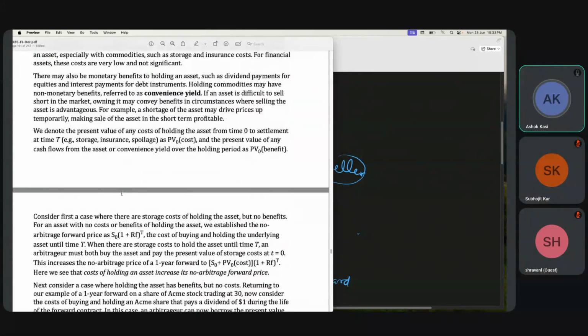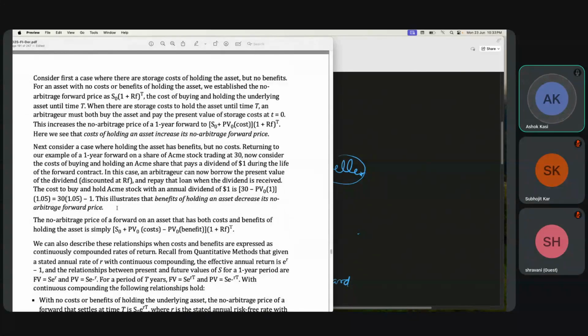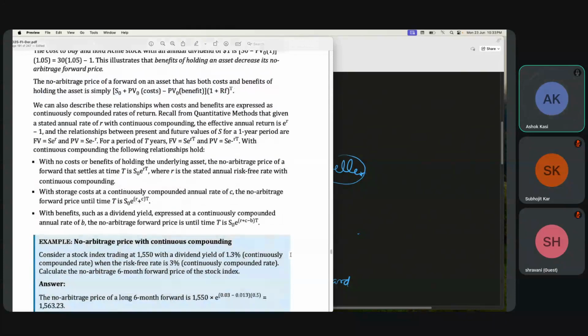Then convenience yield. Okay, what is convenience yield? There is a formula also given. The no arbitrage price of a forward contract on an asset that has both costs and benefits of holding the asset is simply. See, convenience yield means what?